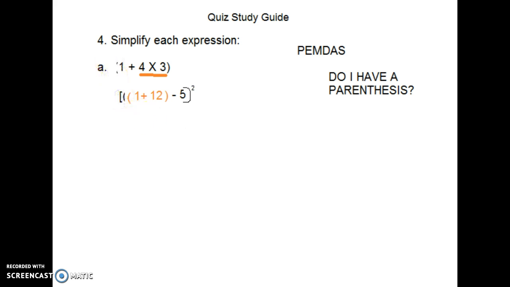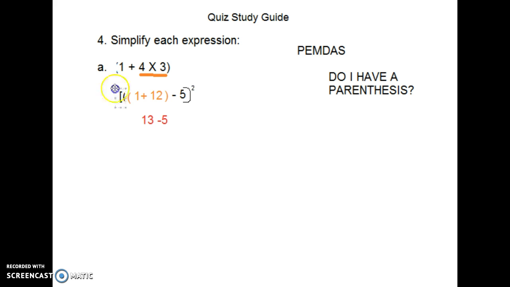All right. So now I still have my parentheses. What's 1 plus 12? That's going to be 13, right? And now I'm left with minus 5. Oh my goodness, I'm getting a little ugly here. Okay.